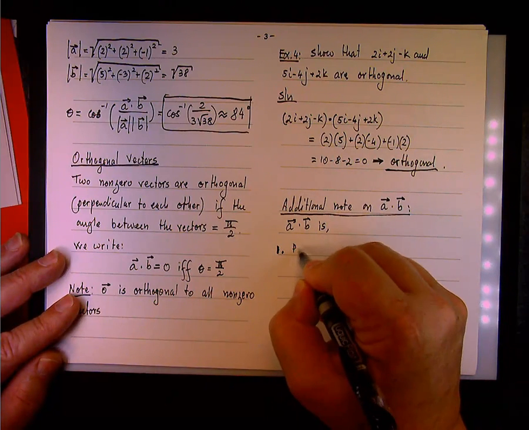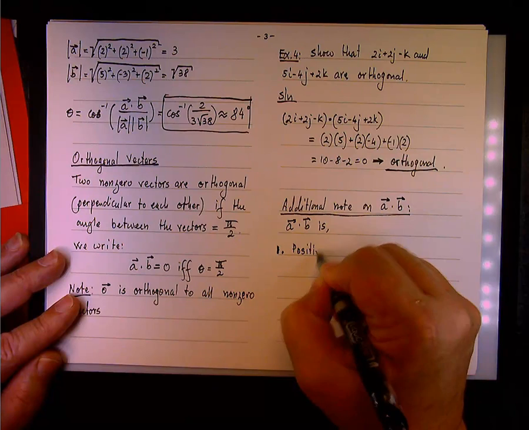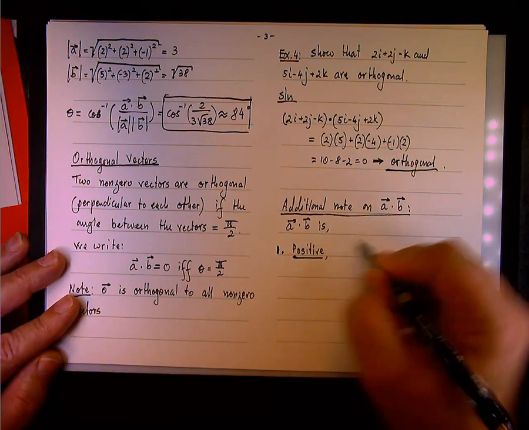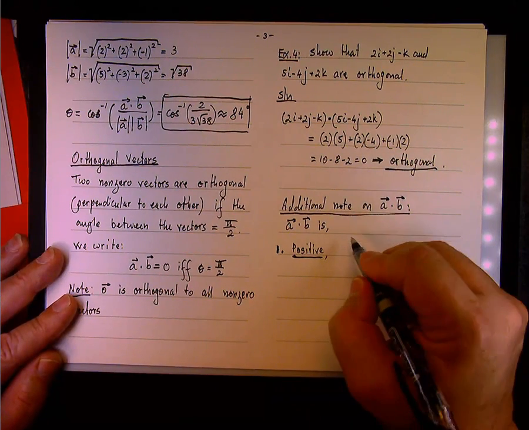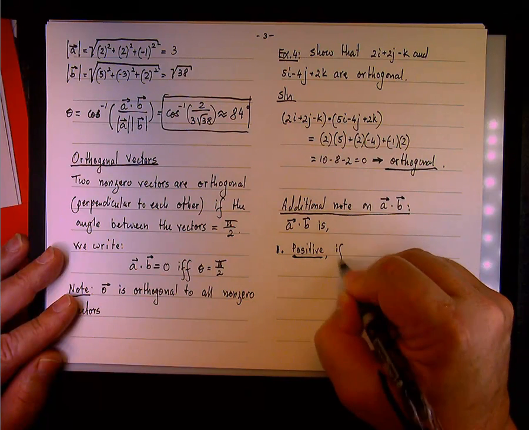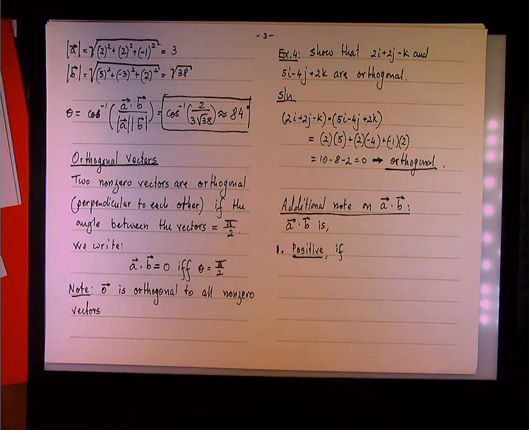We're going to say that it's positive if, well, think about it. The dot product has cosine theta, so it's positive when theta is an angle between 0 and pi over 2.